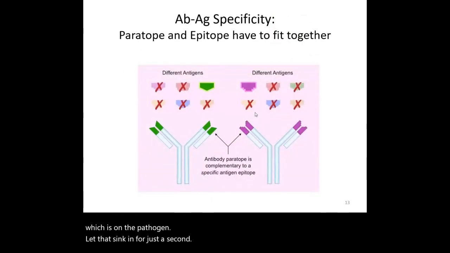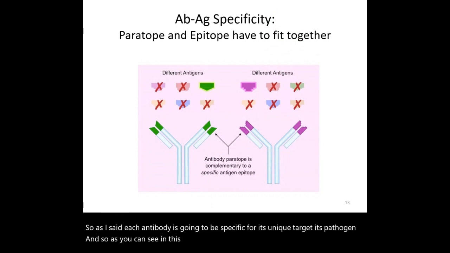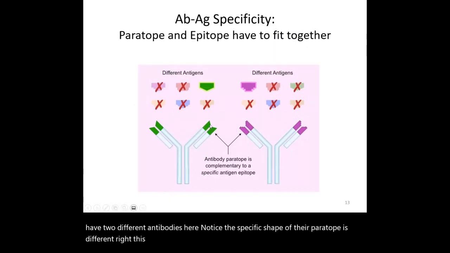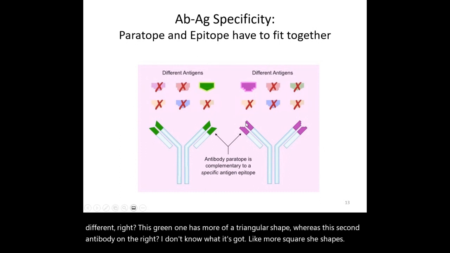Okay, so as I said, each antibody is going to be specific for its unique target, its pathogen. And so as you can see in this picture, it's just a visual of what I've been saying. We have two different antibodies here. Notice the specific shape of their paratope is different, right? This green one has more of a triangular shape, whereas this second antibody on the right, I don't know, it's got more squarish shapes here in the paratope.